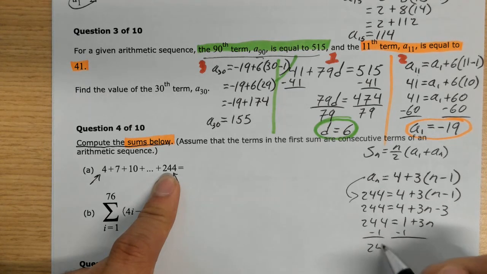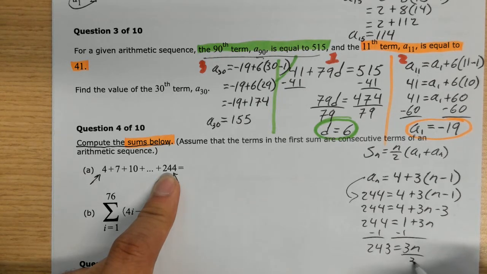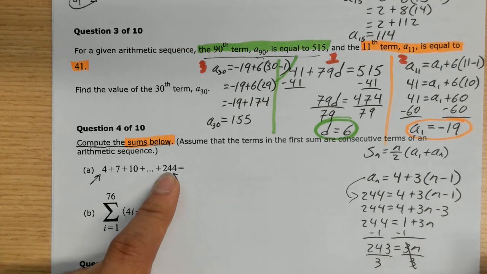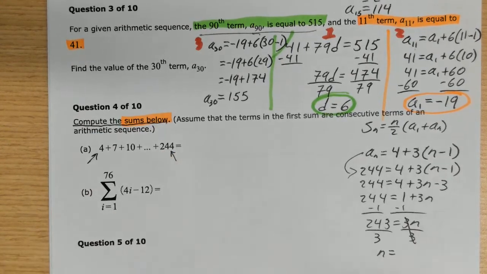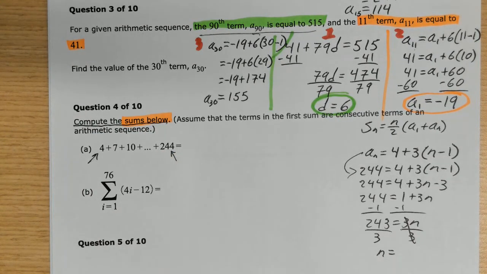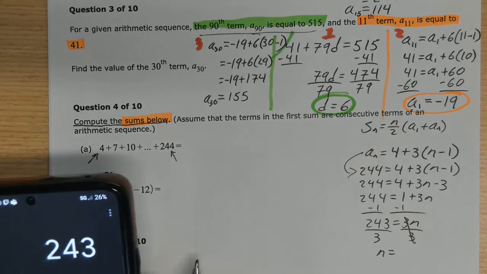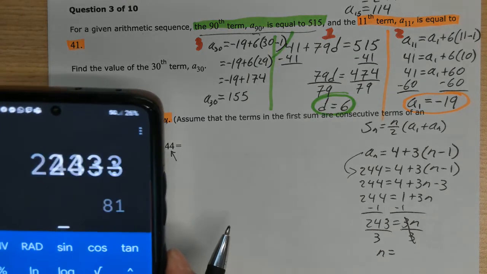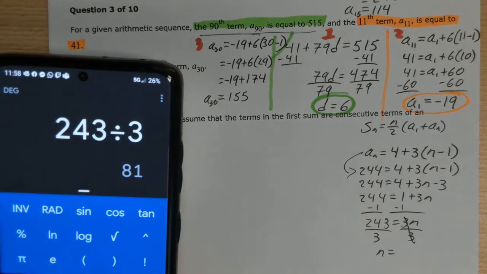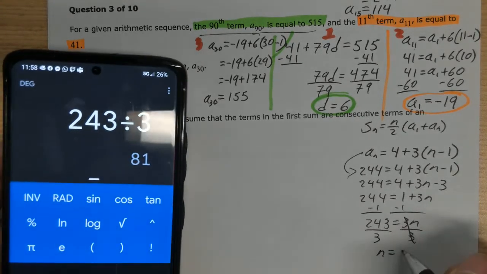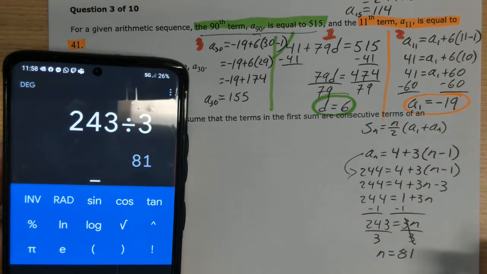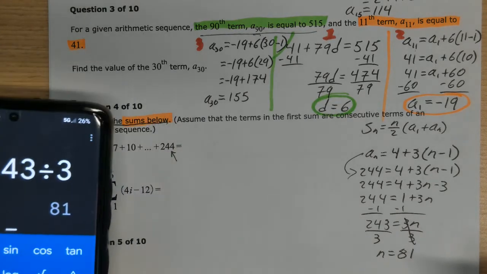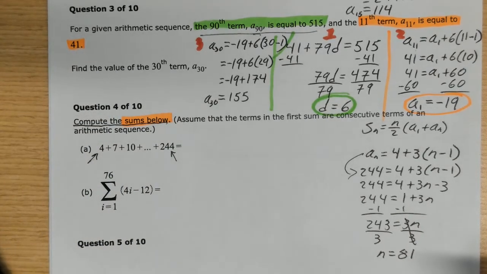That gives me 243 equals 3n. To leave n by itself, I divide both sides by 3. So n equals 243 divided by 3, which is 81. So n is 81. 244 is the 81st term.